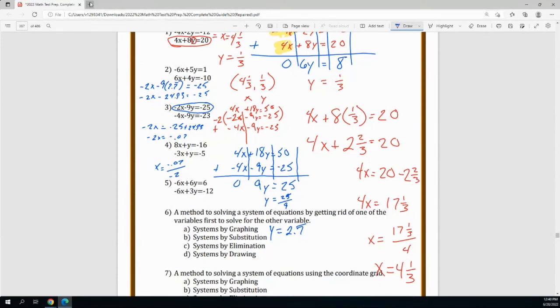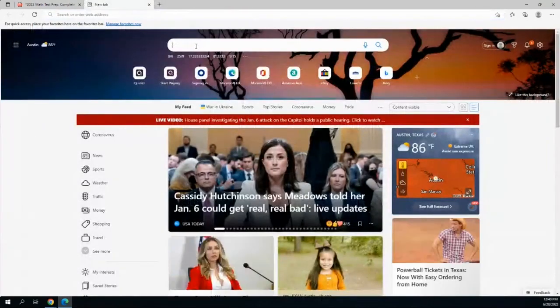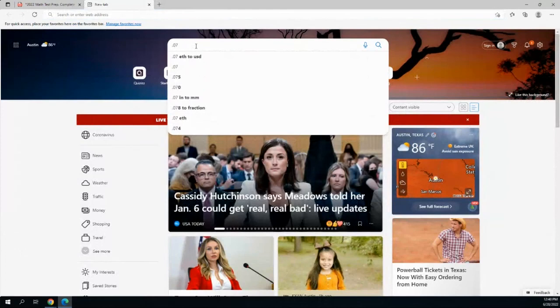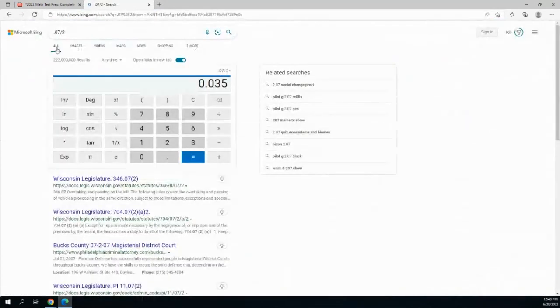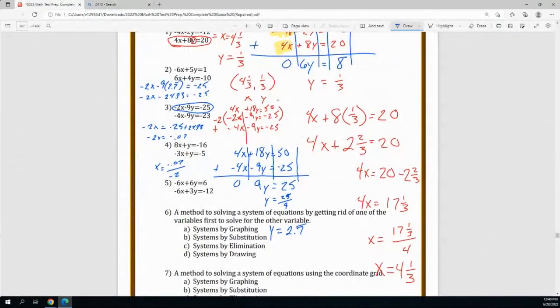It's going to be ugly, but it really doesn't matter. It's the point of what we're doing. It's what's happening. 0.035. So whatever. X equals 0.035. So that would actually be your solution. I don't even know if you can see it anymore. It's pretty disgusting over here. Look at this.